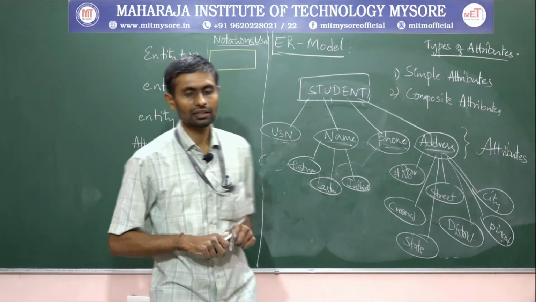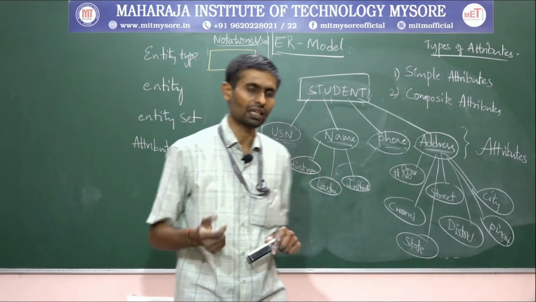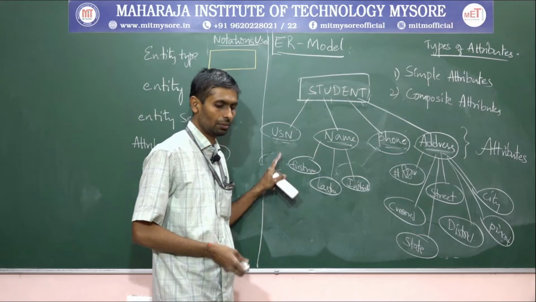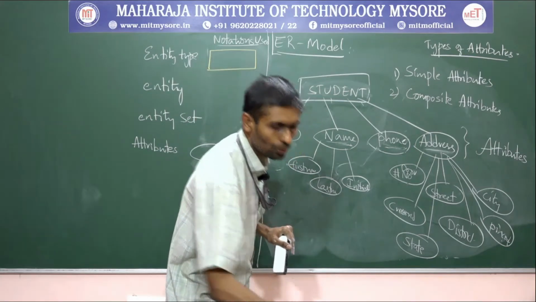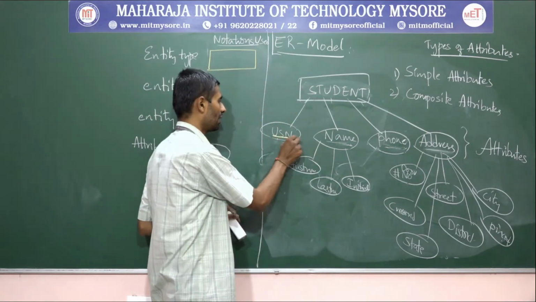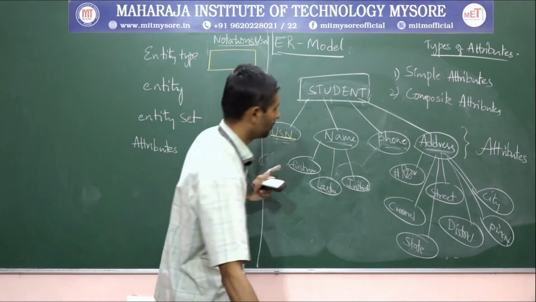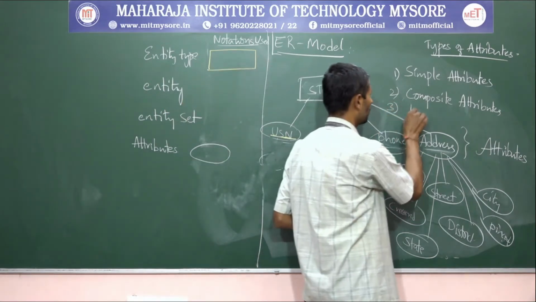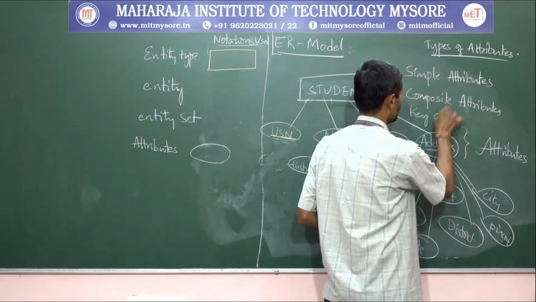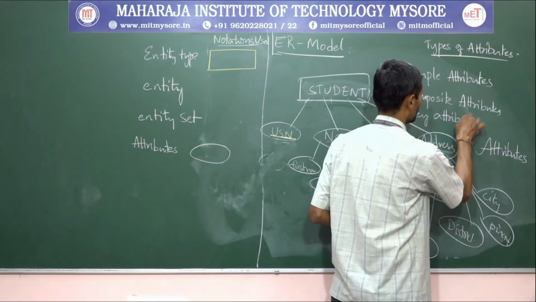In SQL, we called this a key attribute. Here also we call this a key attribute, and key attributes in DBMS are always underlined. This is the notation used for key attributes. There is one more attribute called key attribute. Look at this one and try to get the differences.